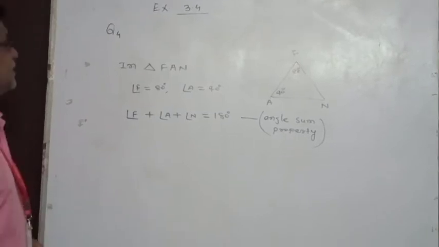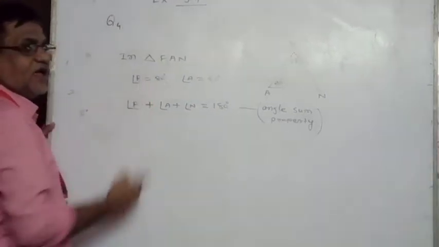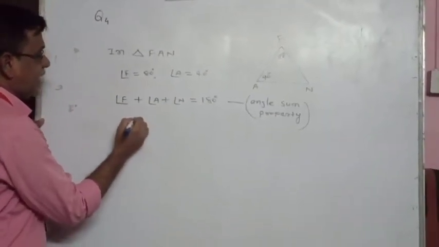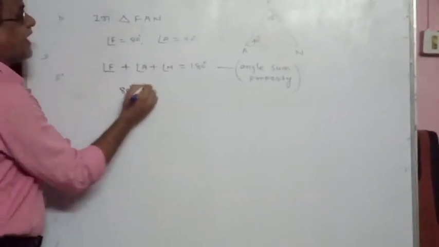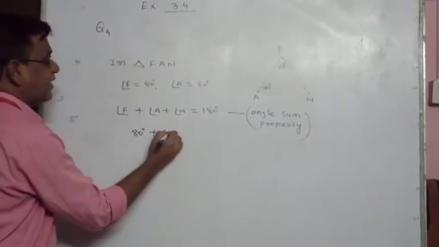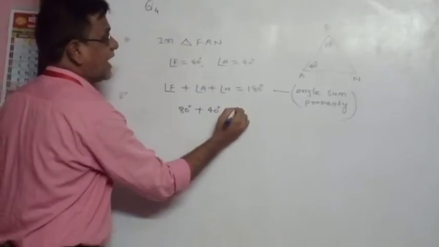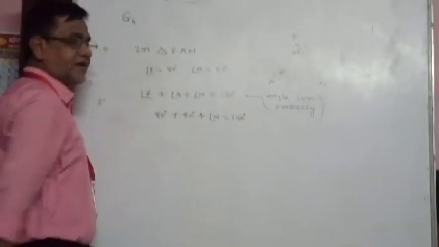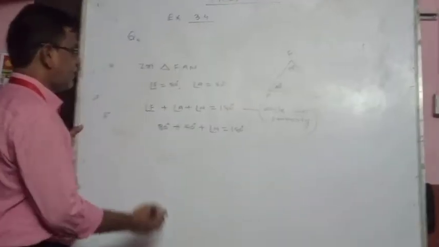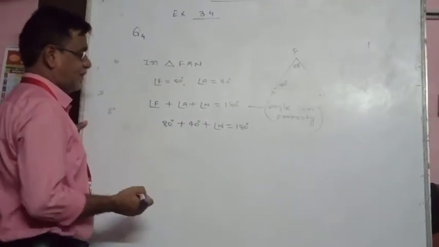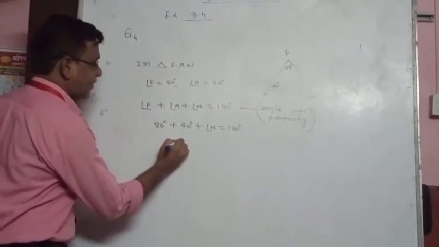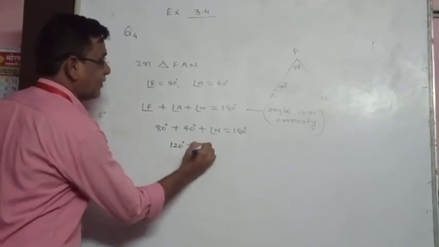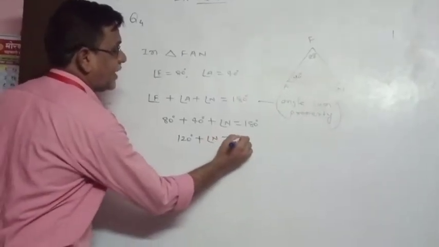Now, here angle F is already given to you. So, here 80 degree plus angle A is also given. It is 40 degree plus angle N is equal to 180 degree. Now see 80 plus 40, it is 120 degree plus angle N is equal to 180 degree.